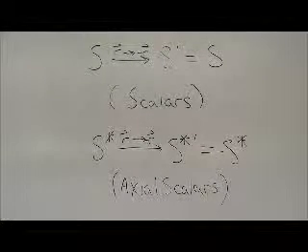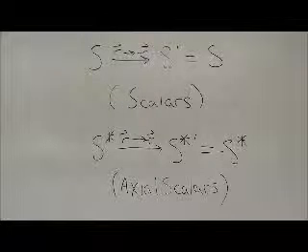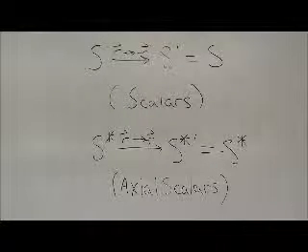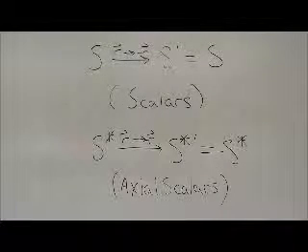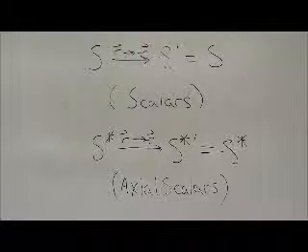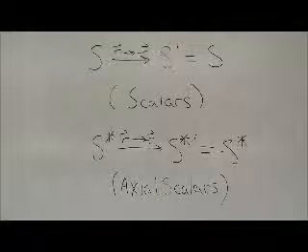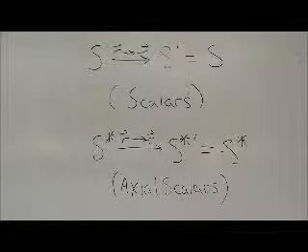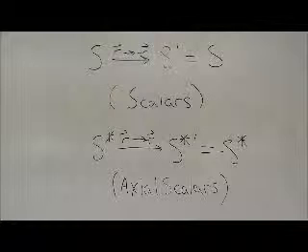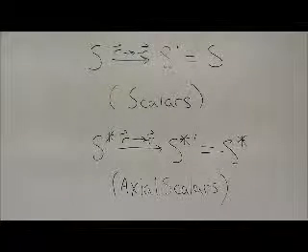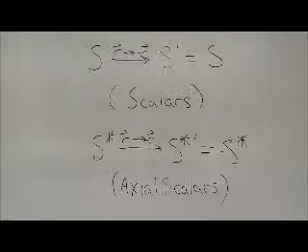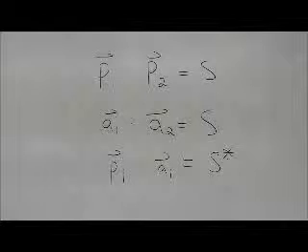Just as there are polar and axial vectors, we can define the following scalars under spatial inversion, where scalars s that transform according to s prime equals s are just normal scalars. Scalars s asterisk that transform according to s asterisk prime equals negative s asterisk are called axial scalars.